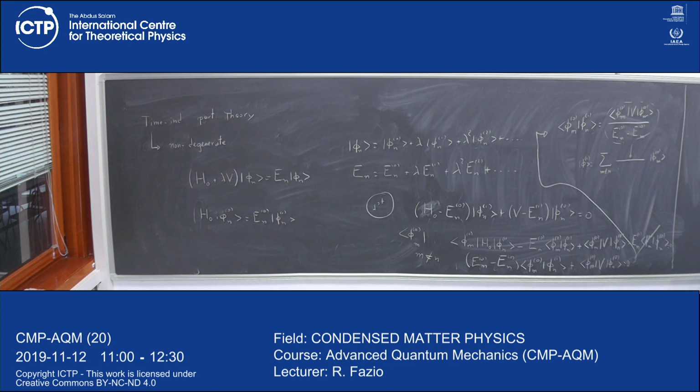Okay. I know it's necessary, but how did you get rid of the component in the n direction? You multiply by a bra phi m on both sides and sum over all m not equal to n. So phi0m is a complete set, yes, because it's a solution of the eigenvalue equation.